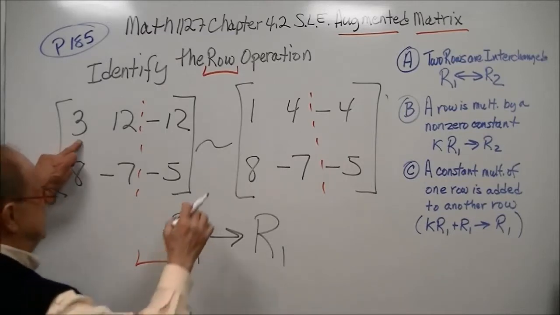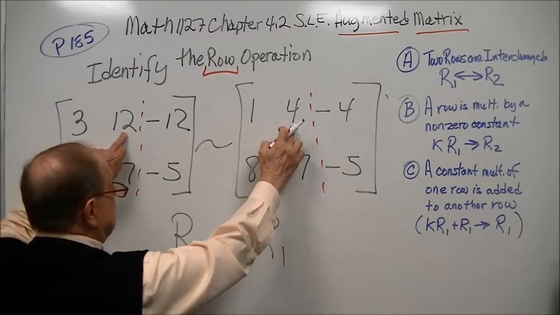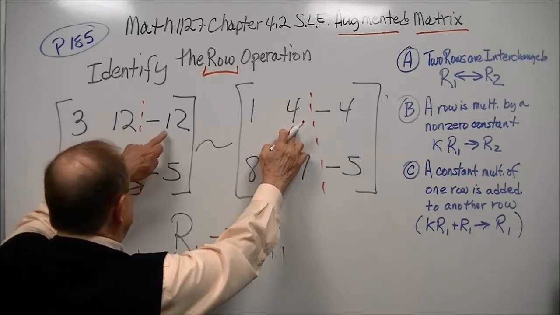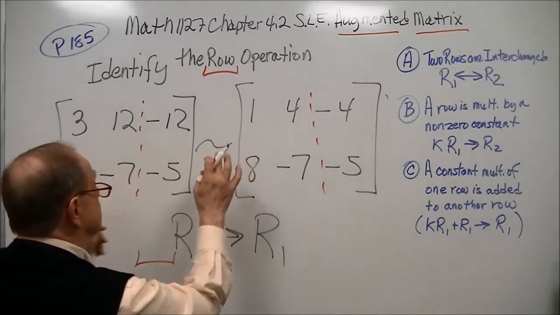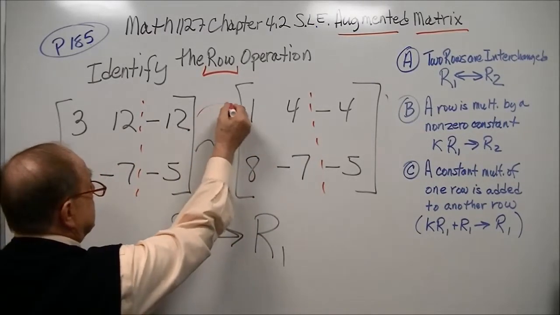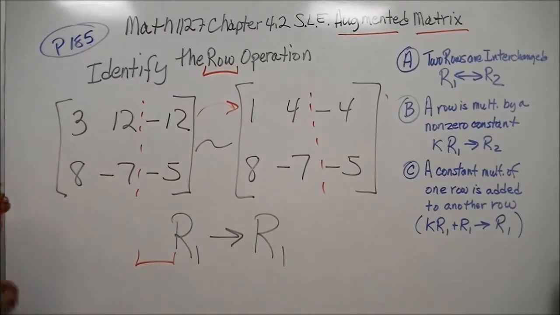So here we had 3 becomes a 1, 12 becomes a 4, and a negative 12 becomes a negative 4. So what was done, in a sense, to this row to make it that row? I'm sure you're thinking, oh, I know.